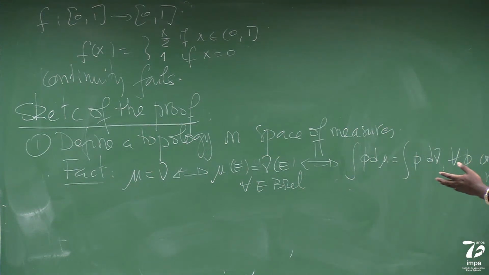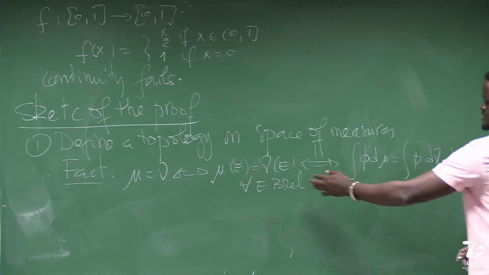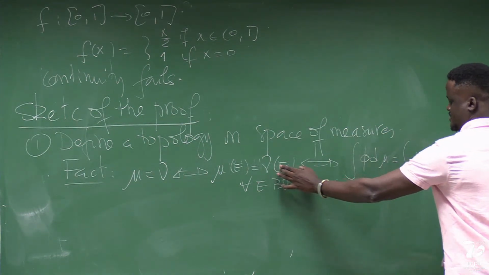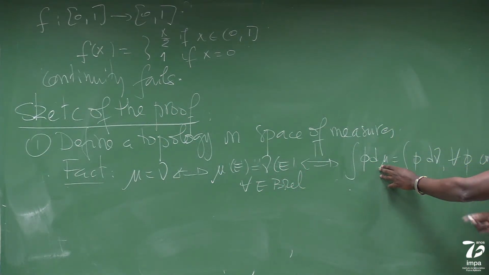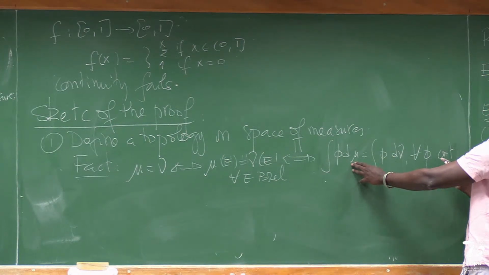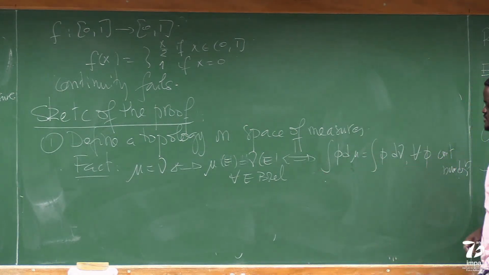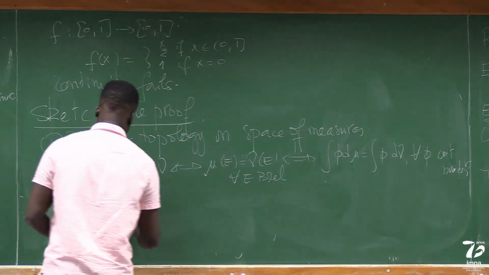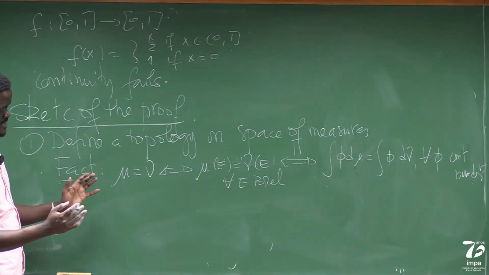To have this, you just do the usual steps: simple functions, the dominated convergence theorem, and the other way also. So the measure mu is uniquely determined by this data.